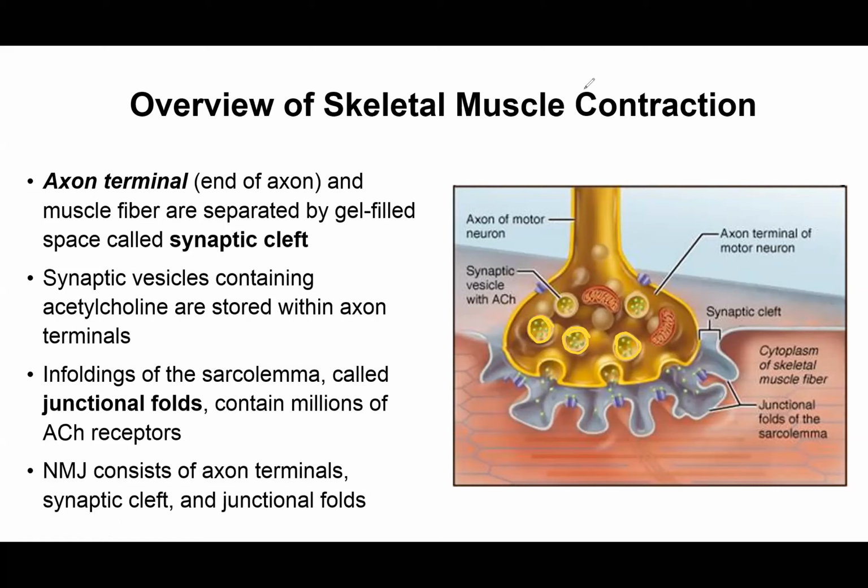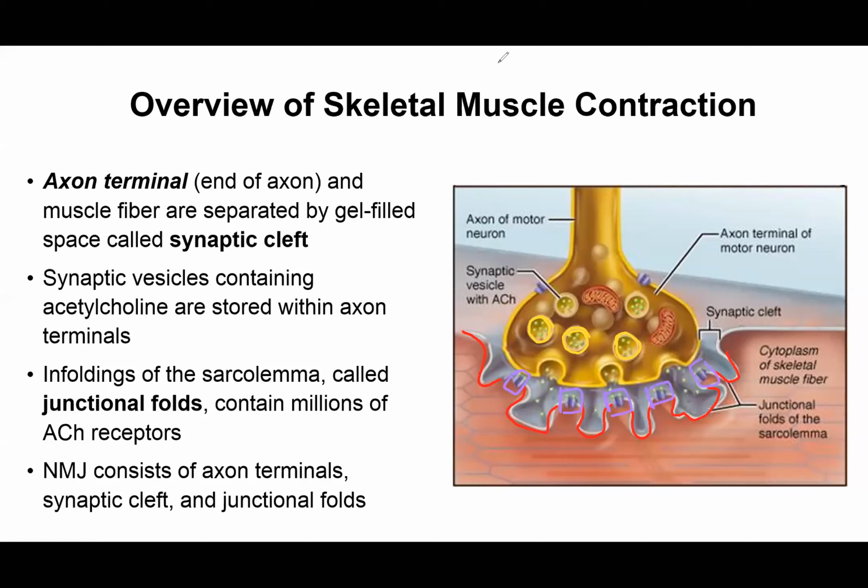Okay. Additionally, on the muscle side of things, we have these infoldings of the muscle. And these infoldings of the sarcolemma are called junctional folds. And these junctional folds contain receptors for acetylcholine. Okay.